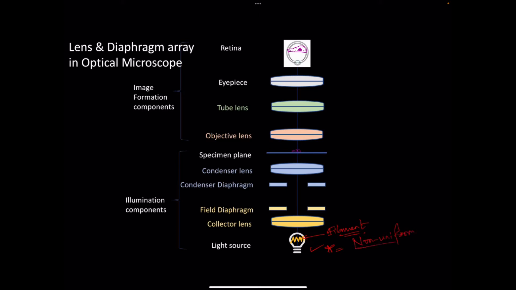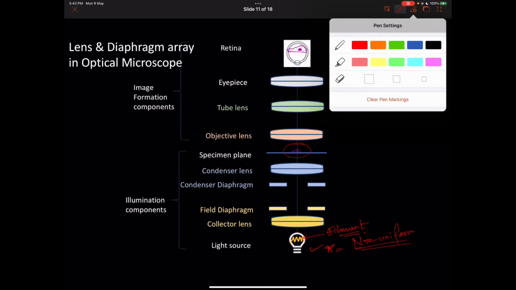So if you focus this light source on your sample, which is a cell here, you are actually going to focus a non-uniform image of the light source on your specimen. I'll come to what I mean by that.